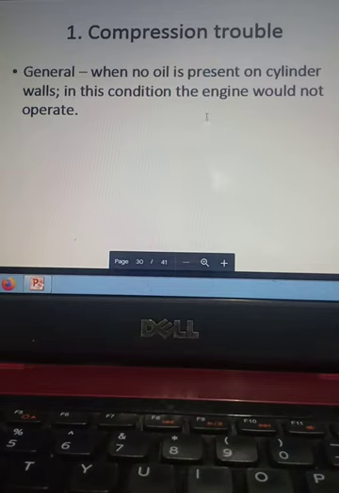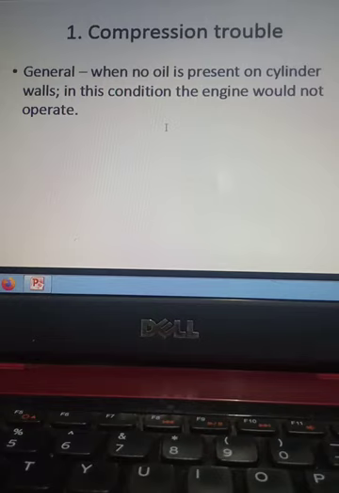So, the compression trouble turns to general if no oil is present on the cylinder wall. In this condition, the engine would not operate. Okay, maura na siya nga ang compression trouble turns to general kung ang imuhang cylinder wall wala nay oil.